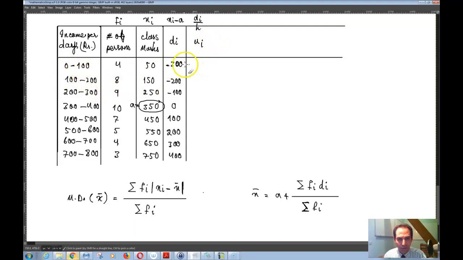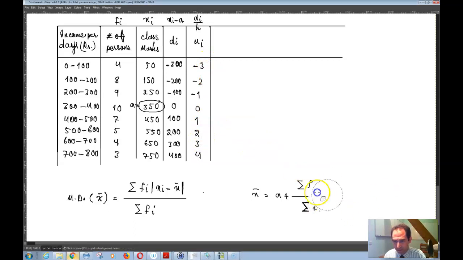That gives negative 300 divided by 100 is negative 3, then negative 2, negative 1, 0, 1, 2, 3, and 4. In the step deviation method, x bar is equal to A plus sigma f of i u of i over sigma f of i, and the whole thing multiplied by h, the class size.